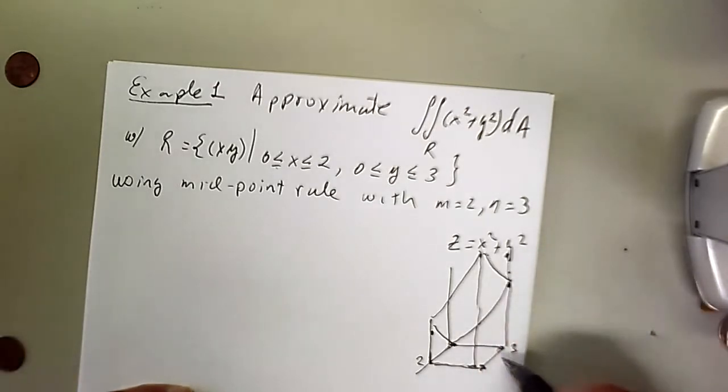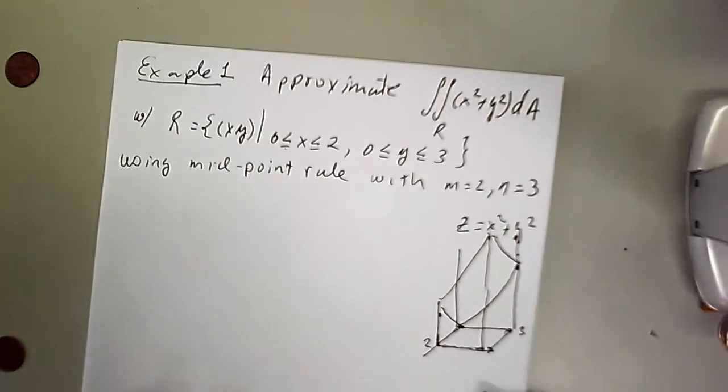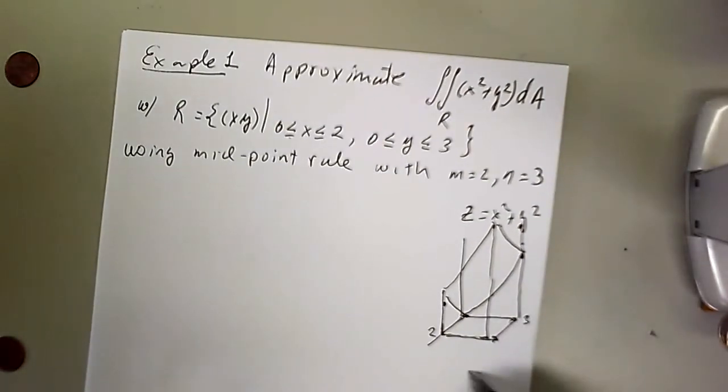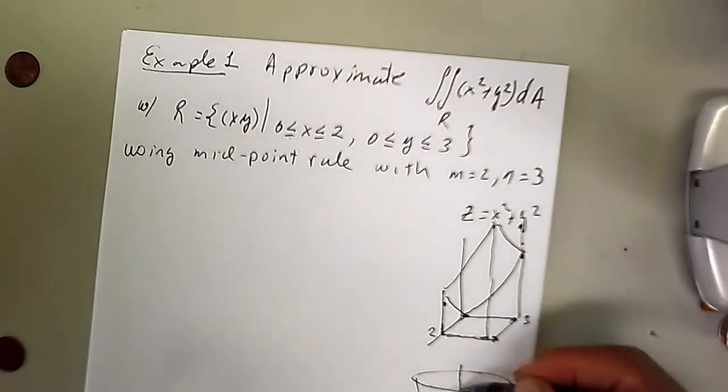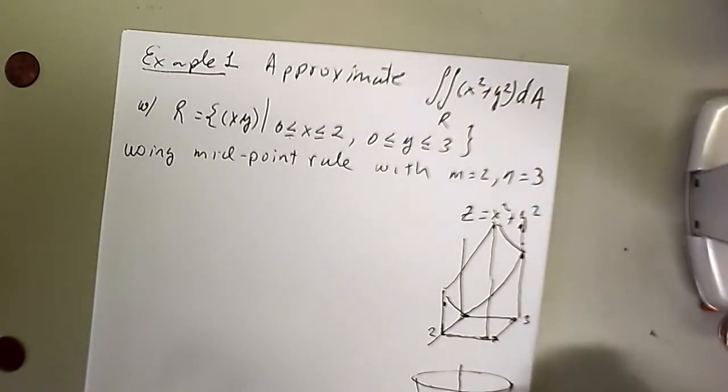So there's a solid, which is really, pretend you got your regular paraboloid, and if you take a saw and you cut across this way, and then you go 3 units and cut this way.